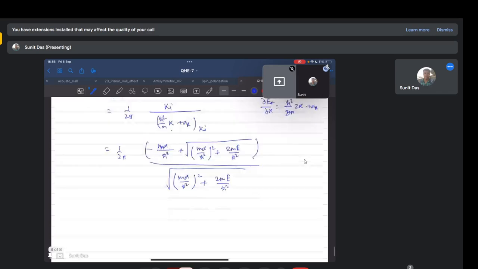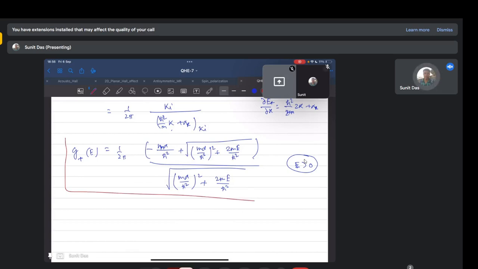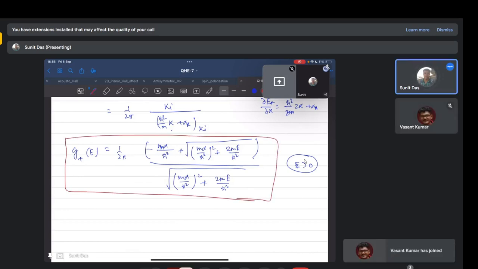So this is the density of states at some energy, which is definitely positive because positive energy states only do not have any negative energy. So this is the expression for, let's say, positive spin states also.